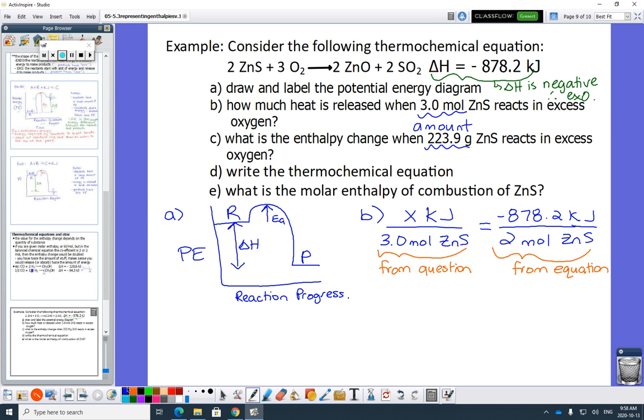Which is kind of the beauty of moles, that you can compare anything as long as it's moles. So now you can cross multiply. You can do negative 878.2 divided by 2, and then multiply by 3 to solve for x, whatever you like best.